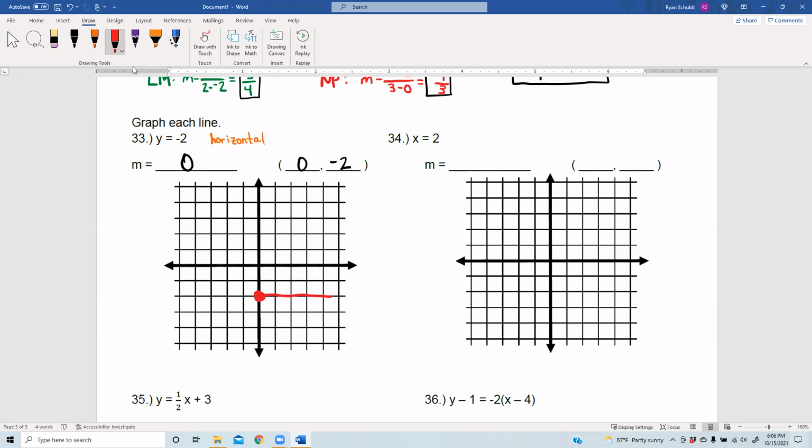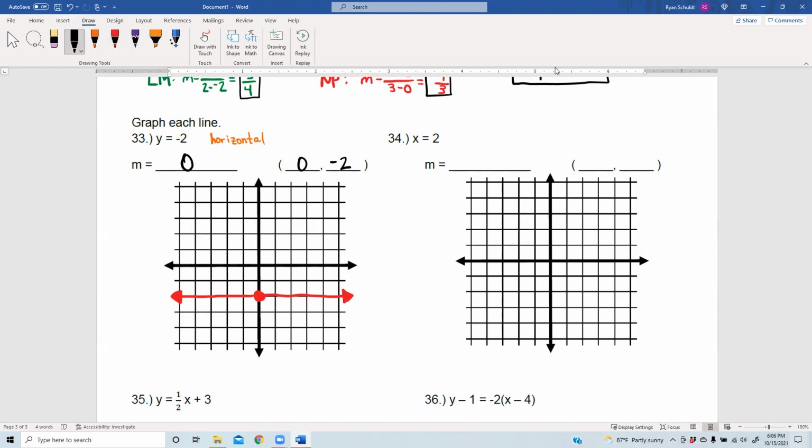And then I'm just going to do a horizontal line. There we go.